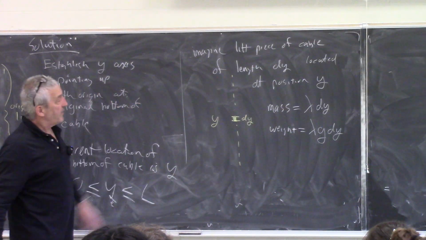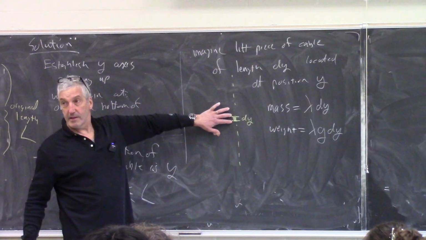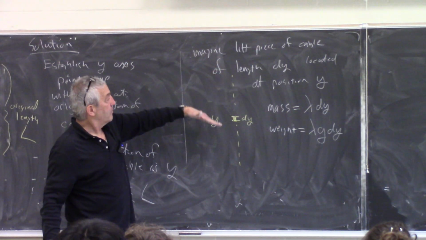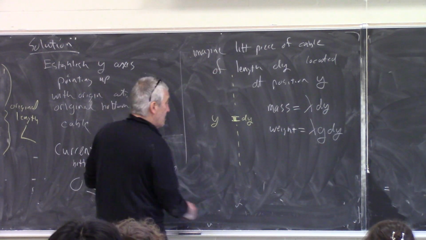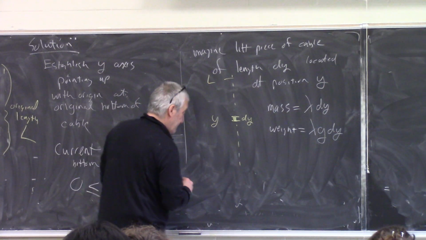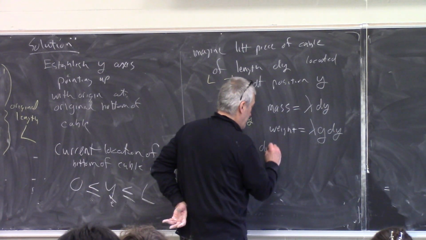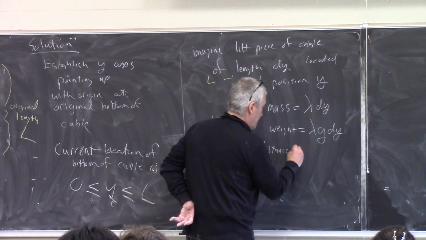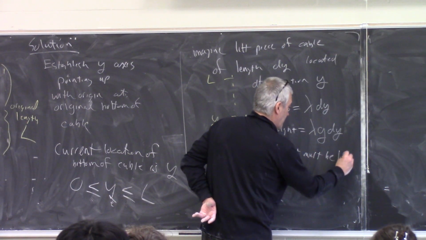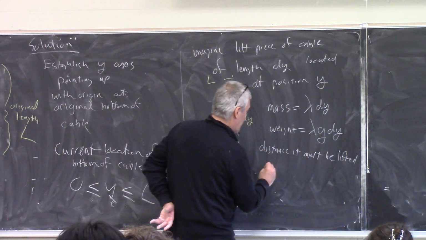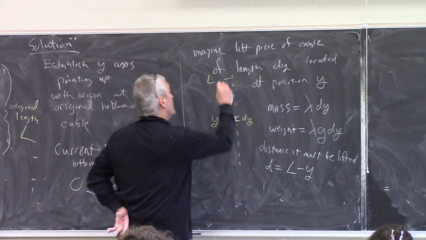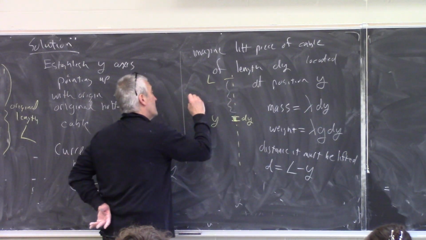Now the distance that that little piece of cable has to be lifted is, well, whatever y is, we have to get up to L. So the distance it must be lifted, capital D, would be L minus y. So that's this distance here.